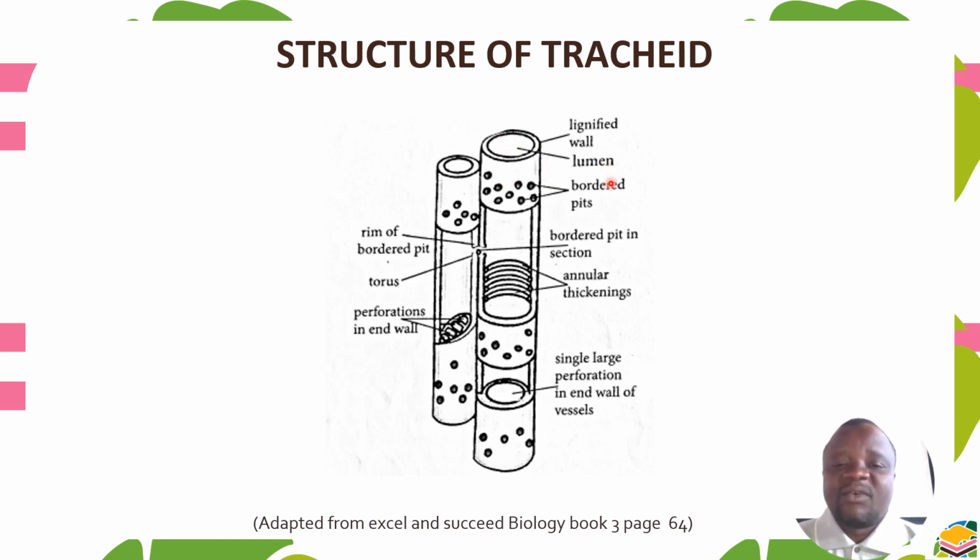This space is the lumen. Then we have bordering pits. Then we have the annular thickenings. These are the annular thickenings. We have perforations in the end wall of the vessels. These are the perforations. So basically, this one is the vessel element.